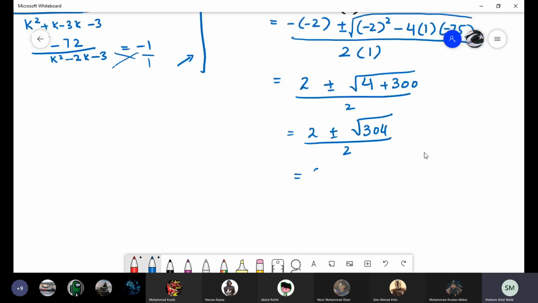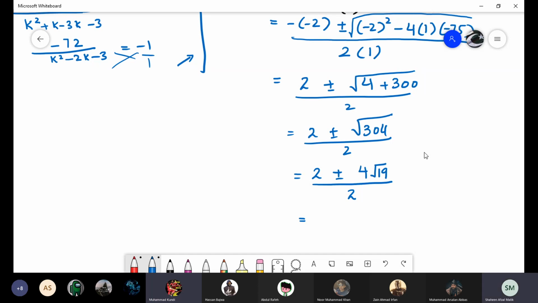Tell me the answer. Ma'am, 17.44. Without converting it into decimal, it comes to 4 times the square root of 19. This you have to write over 2. So can we take something common from this 2 and this 4? Ma'am, can we directly write this whole equation in the calculator and get the answer?